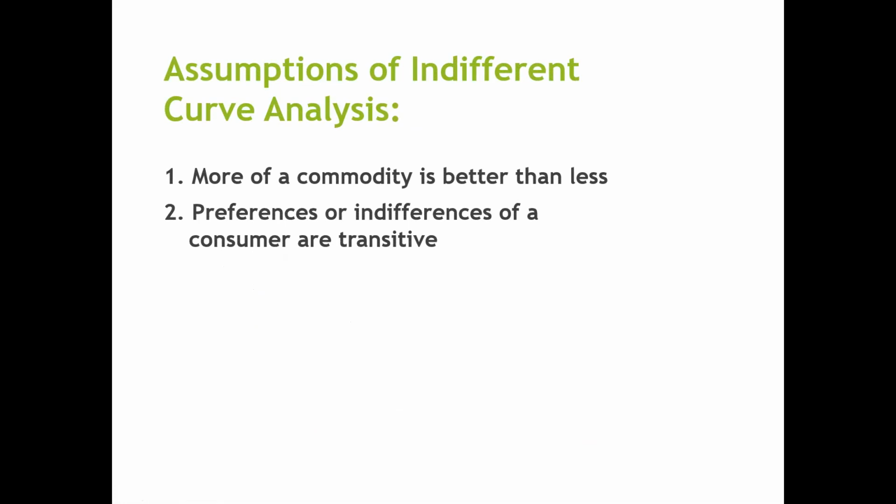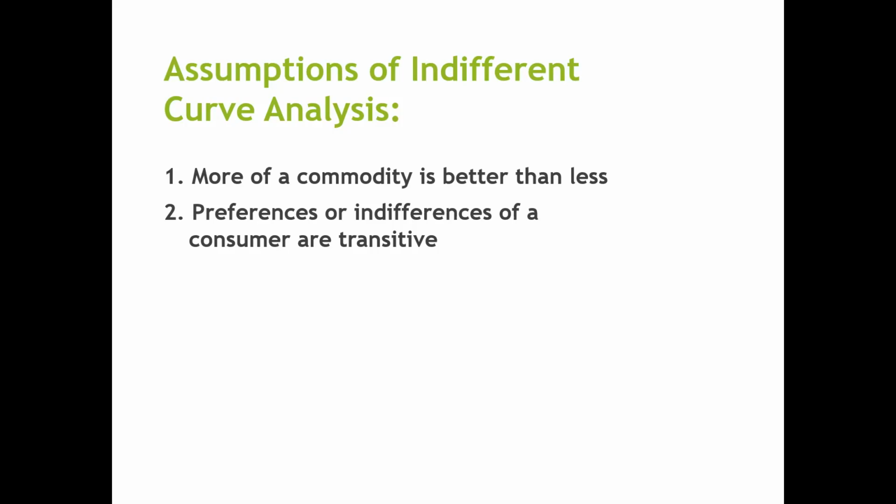The very first assumption is that more of a commodity is better than less. That is, it is assumed that the consumer will always prefer a larger amount of a good to a smaller amount of that good. Think about yourself, right? Provided that the other goods at his disposal remain unchanged. This is a very reasonable assumption; it implies that the consumer is not oversupplied with any good.